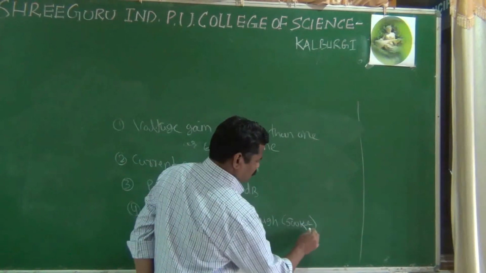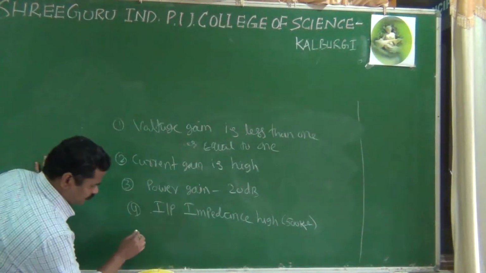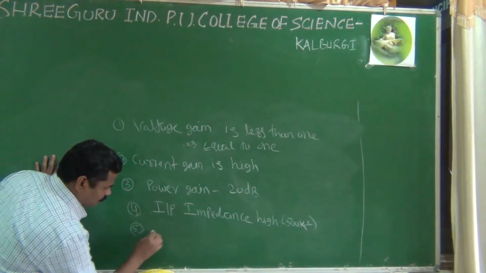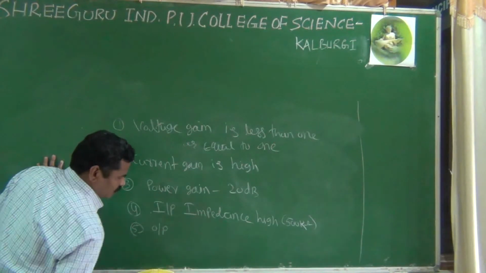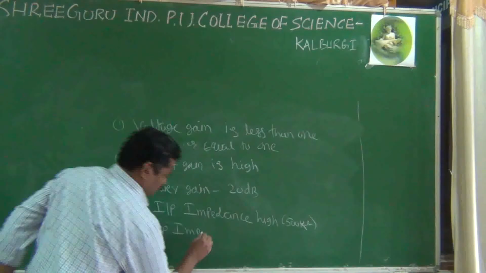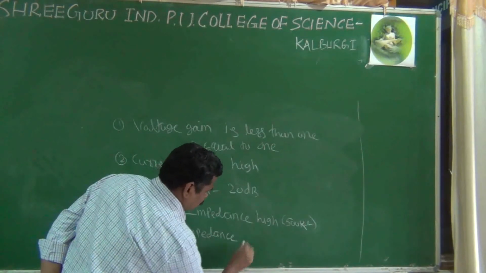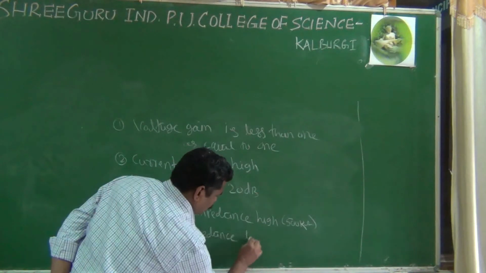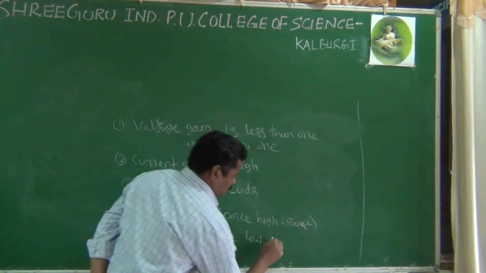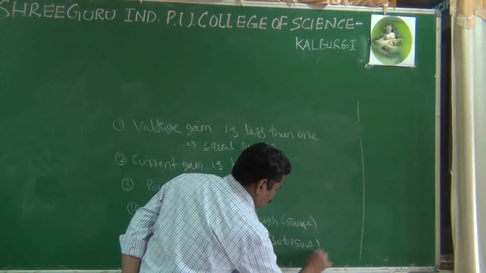And about the output impedance, the output impedance is low. It may be 30 to 150 ohms.